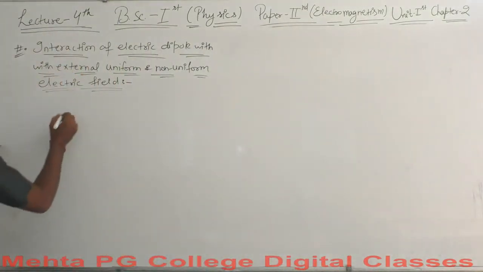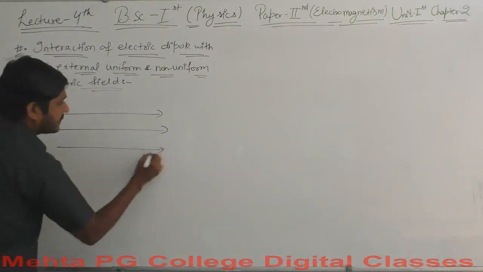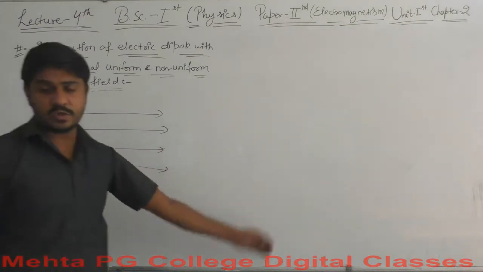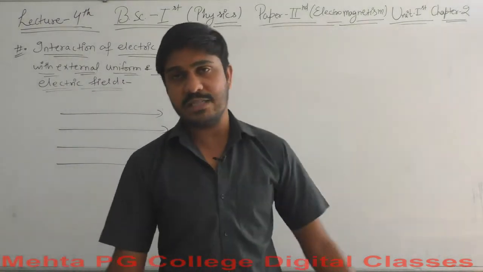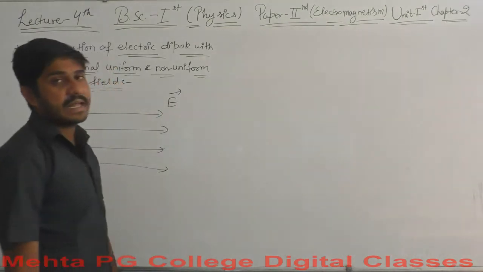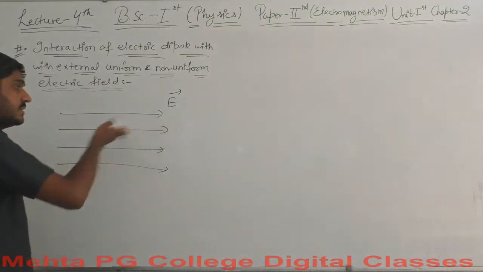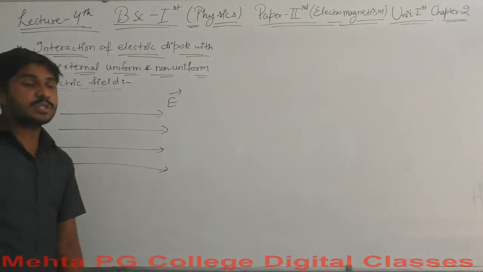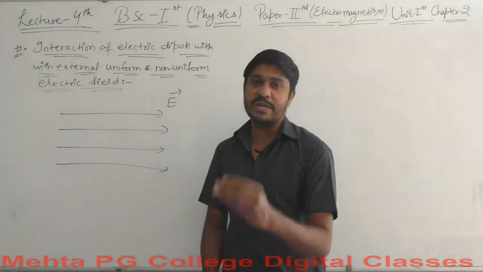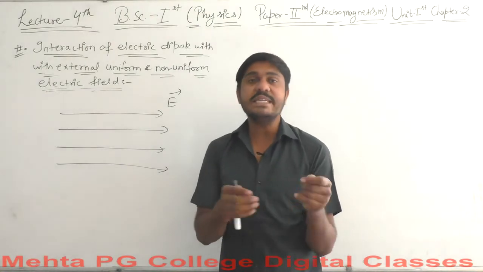Let's say this is the direction of the electric field. It means the electric field is flowing in this particular direction, so the force will act in that same direction. These arrows are parallel lines, because you know the property of electric field lines, and magnetic field lines too: they will never intersect each other.